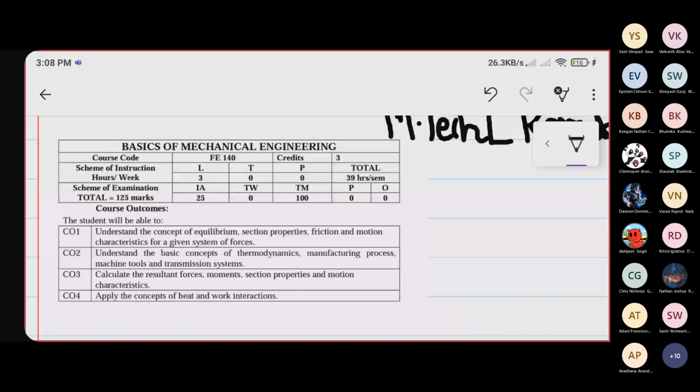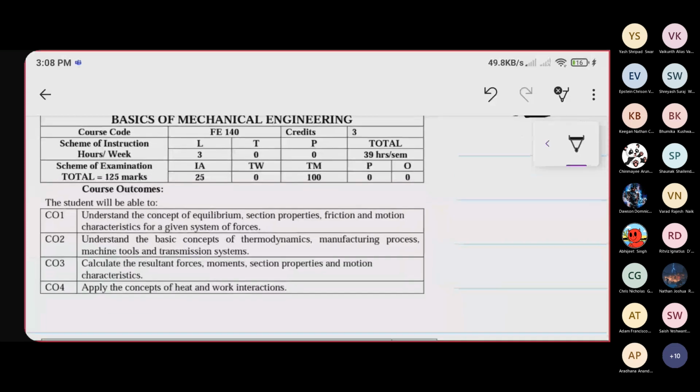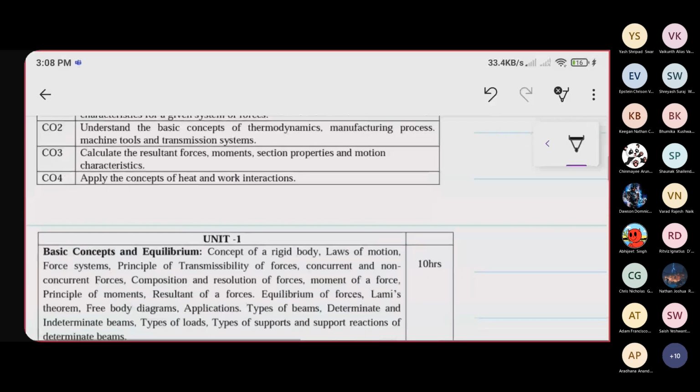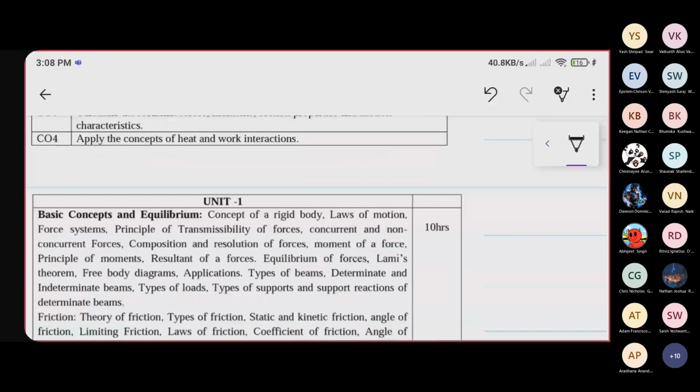Now this is what you will understand after completion of your course outcome. Then what we are going to learn.